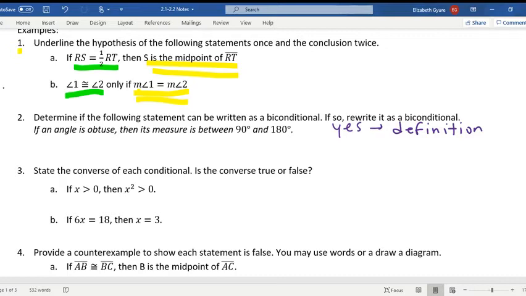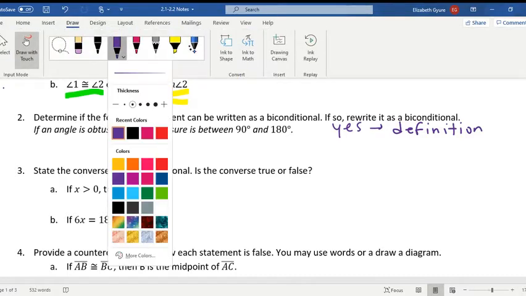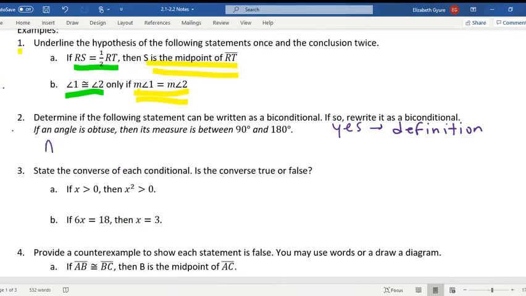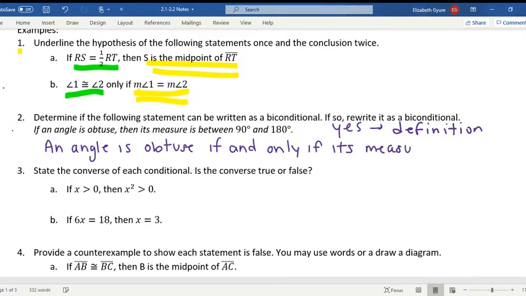So I'm going to grab my hypothesis here. So an angle is obtuse if and only if, and then my conclusion, its measure is between 90 degrees.